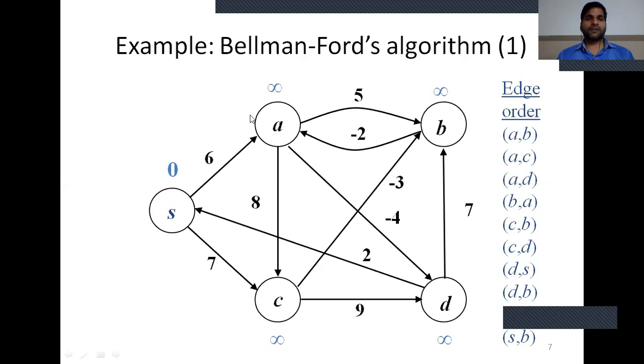So the value of this vertex equals 6 and the value of this vertex equals 7, and all possible edges in order are given.